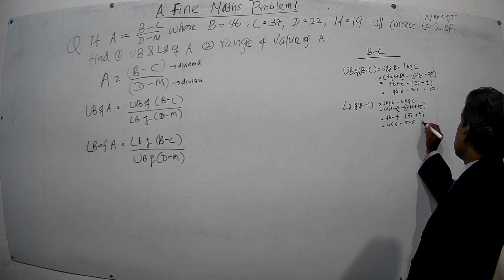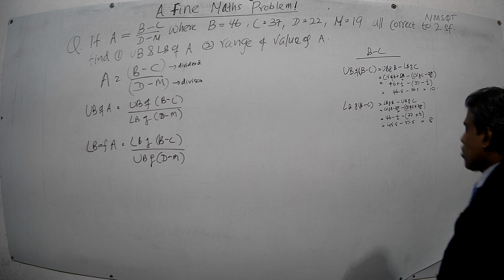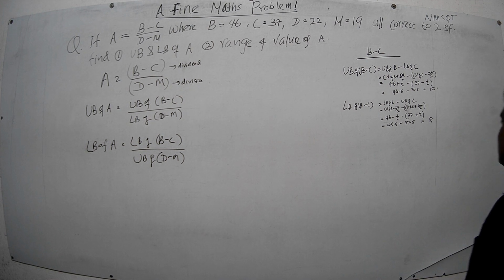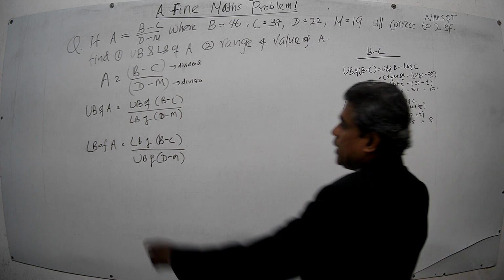The answer is 8. Right. Then lower bound of B minus C is how much? That is 8.